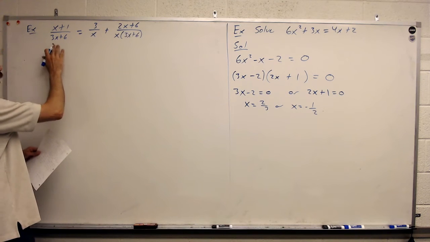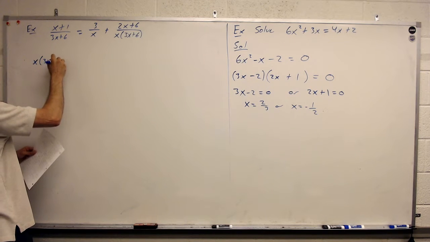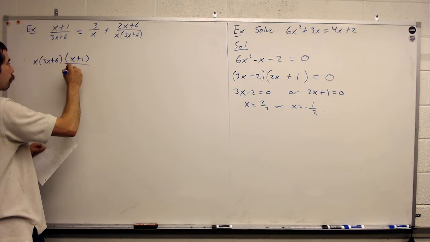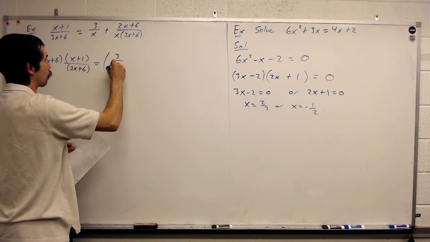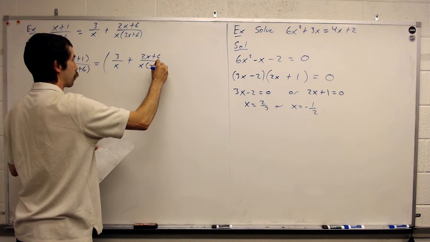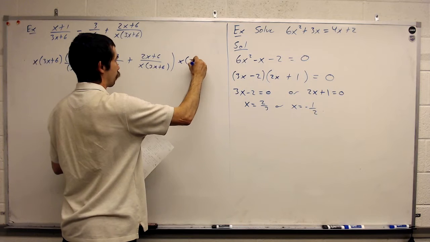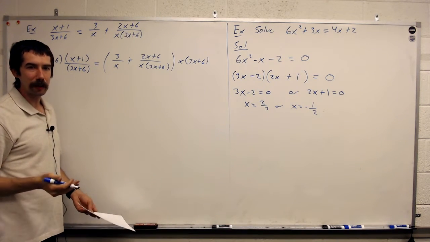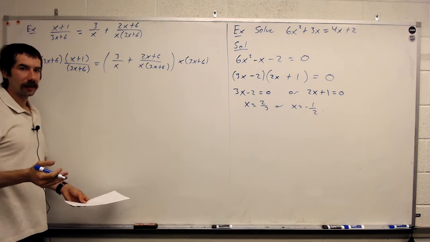So I'm going to multiply both sides of the equation by x times (3x + 6). If I'm going too fast, the beauty of YouTube is you could slow the video down. I'll talk in slow motion, but that's okay. You could also pause.